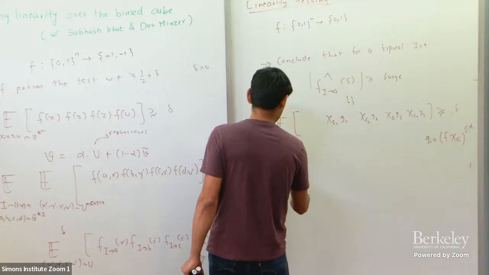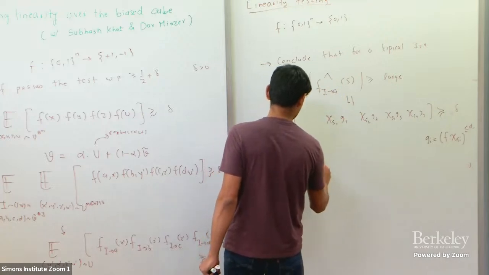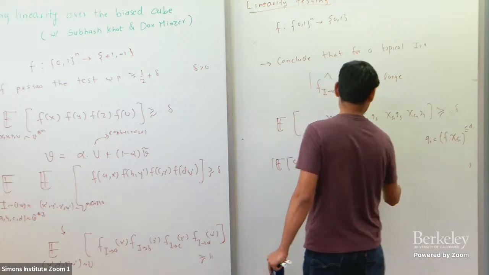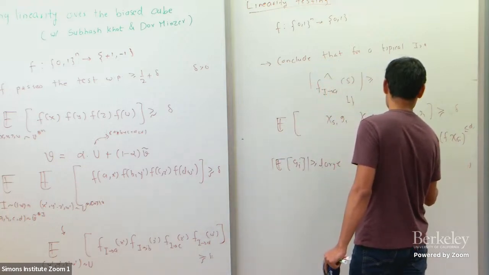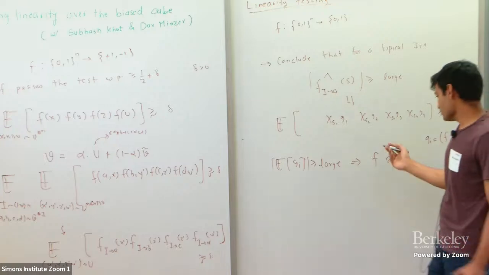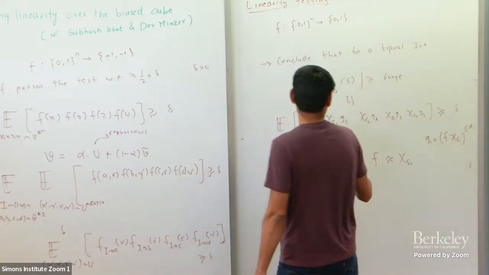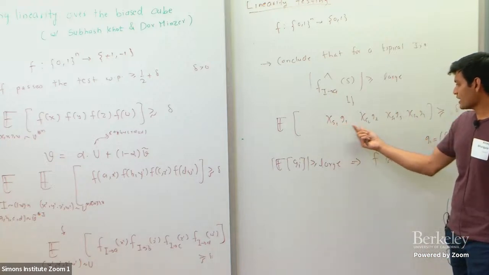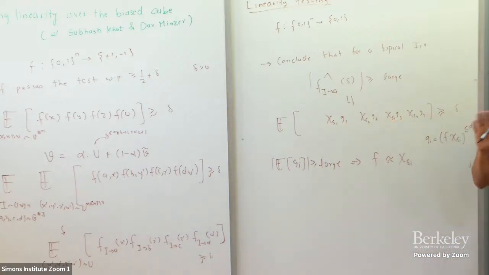So if the expectation of g_i is large, then we can conclude that f is correlated to a character, because if this has a large bias, it means that f is correlated to a character. So you assume that all the expectations are small. From this expression, we can also conclude that all the S_i should essentially be the same.